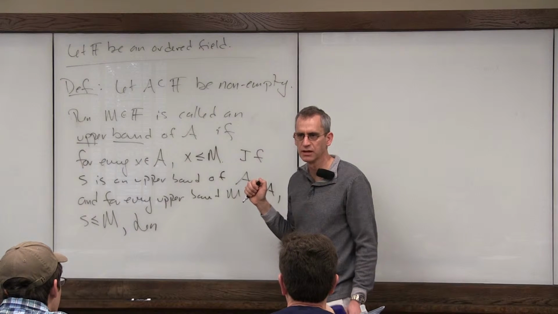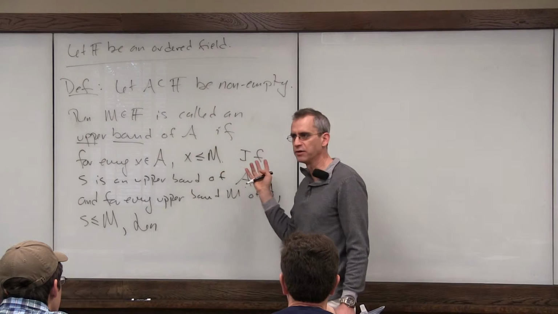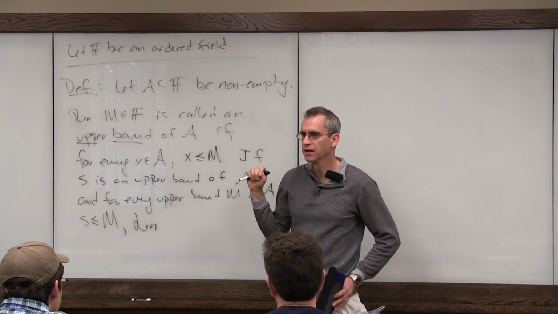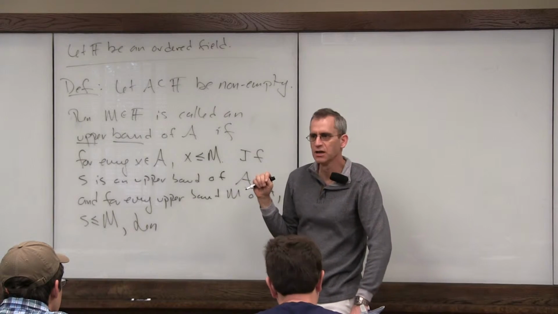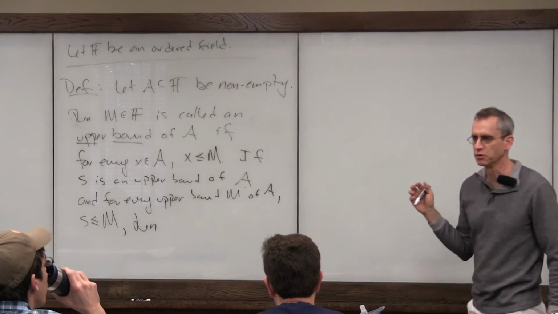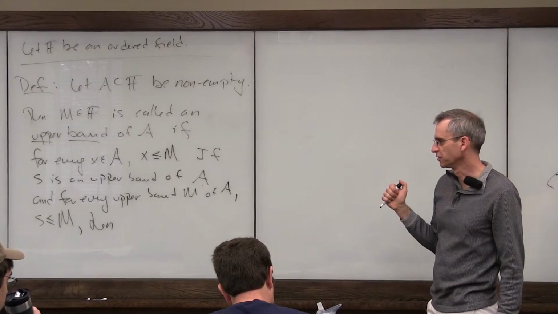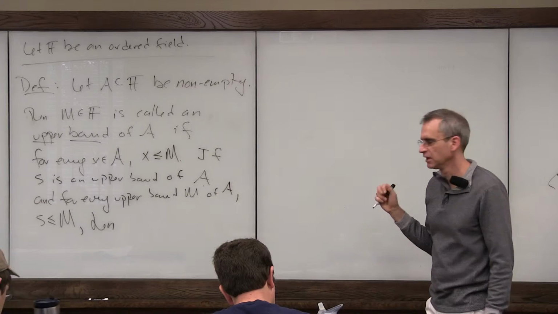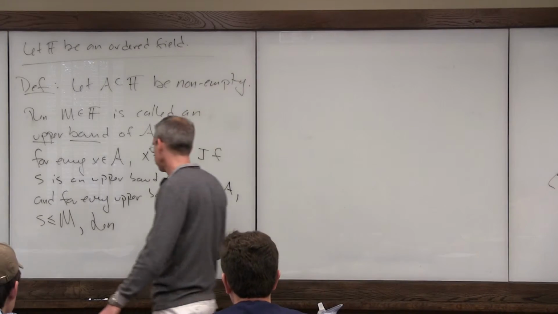Well, if it's less than or equal to every upper bound, how is it... It's the least upper bound, okay? But of course, we're not going to use that terminology for a couple of reasons. First of all, it can get confusing when you're doing serious proofs, and also we're going to use the sort of more advanced term for this, which is the supremum.